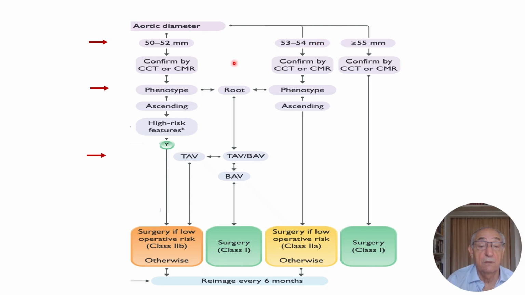Furthermore, the phenotype afterwards, whether it is a root phenotype or an ascending high phenotype, the resulting values then depend on aorta dilation location, root or ascending high, and will imply class 1 or class 2A surgical indication.